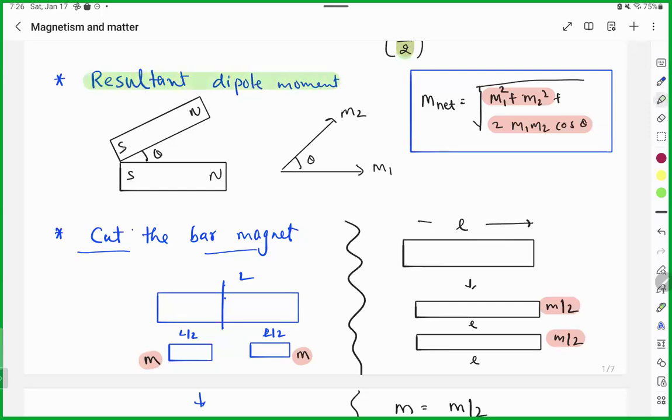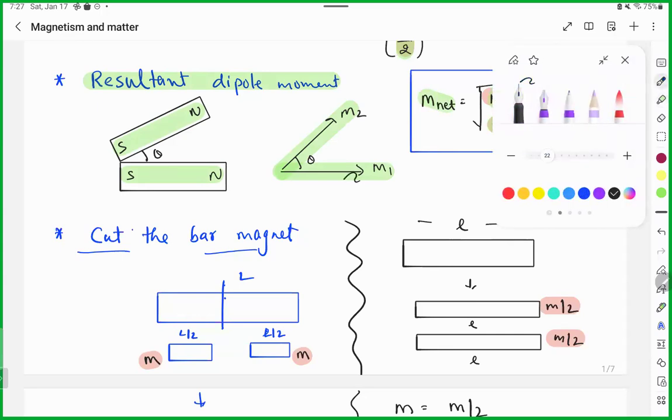You know here dipole moment direction is from south to north. Here south to north. Same thing here. South to north direction is this. Angle between them is theta. So what is the net dipole moment? Magnetic moment of first, second, and angle between them. Same like resultant.